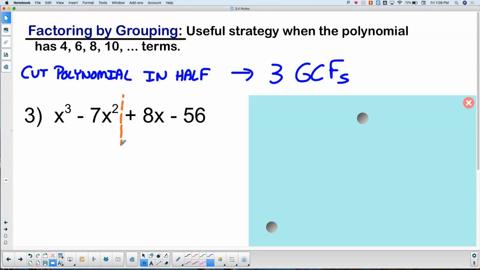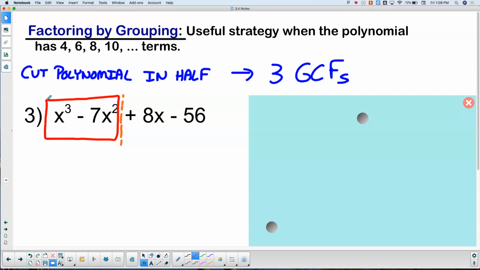And I'm going to look strictly on the left side here, and GCF whatever I can out of that. What's my GCF of just the red box? X squared.